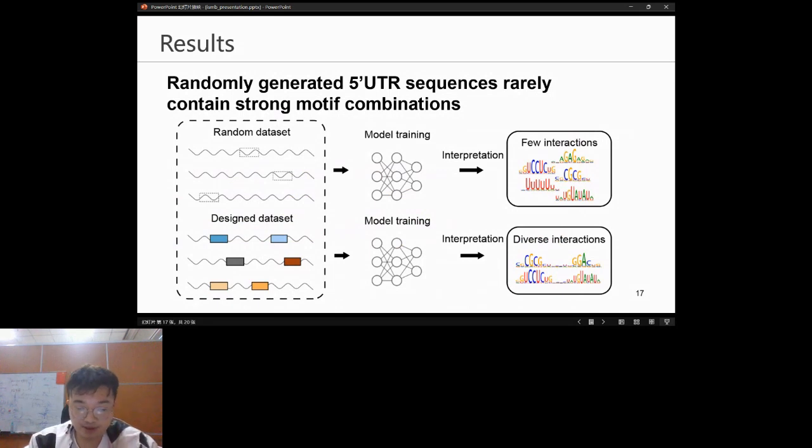A random sequence means that each nucleotide in the sequence is randomly selected from A, C, G, U. The designed sequence means that the sequence always contains a pair of motifs. Subsequently, we trained and interpreted two 3-layer CNN-GRU models, one on each dataset. As expected, the model based on the designed dataset learned all 6 interactions with a true positive rate of 100%, while the model trained on the random dataset didn't discover any interactions.